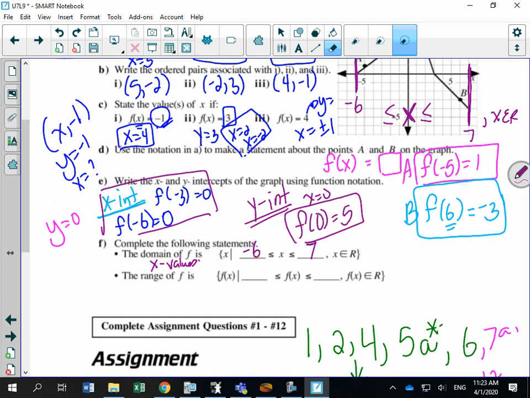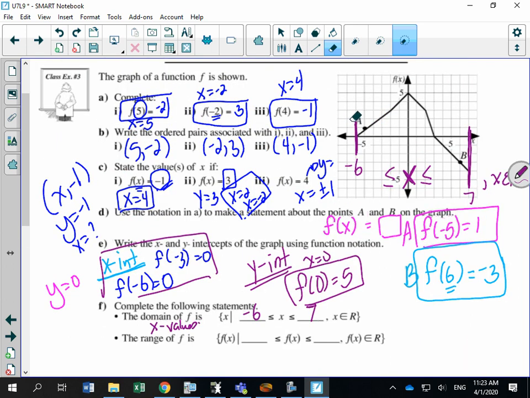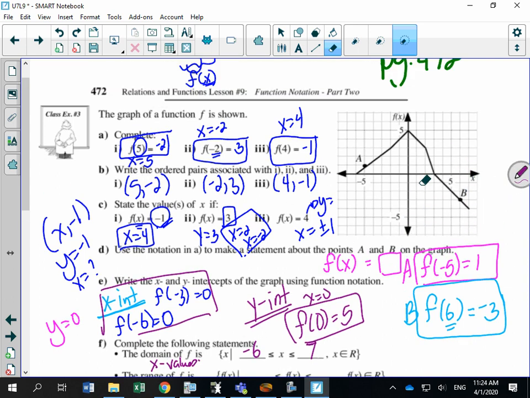And that's my domain. My range is my y values. So look at this graph, pause this, see if you could find the biggest and the smallest y value. Biggest y value is 5. Smallest y value is -4.